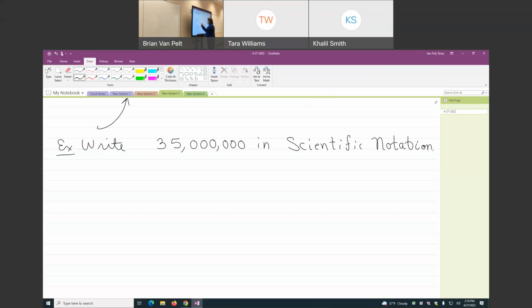Remember, your answer needs to be formatted like this: 3.5 times 10 to a certain power. Now count the decimal places that you need to move. Right now, if you think about it, this is 35 million point 0, isn't it? Any whole number has the decimal point 0.